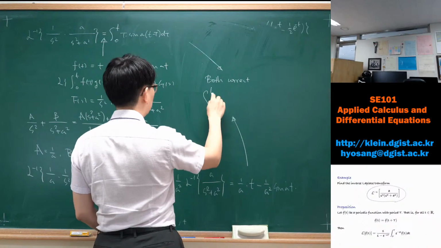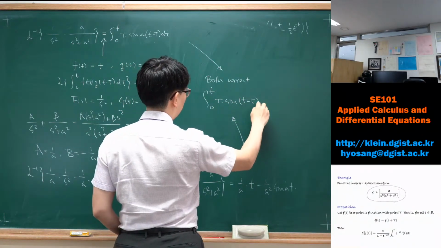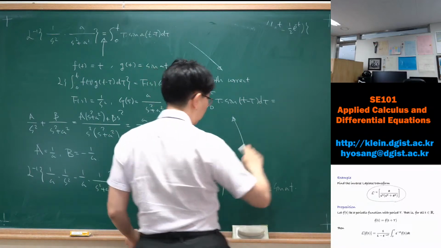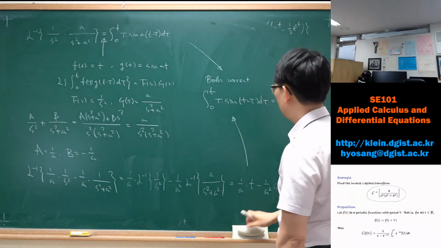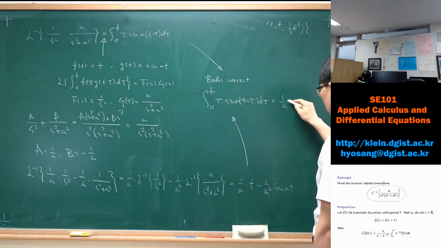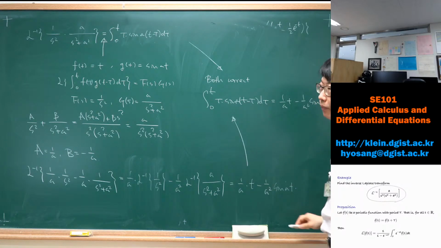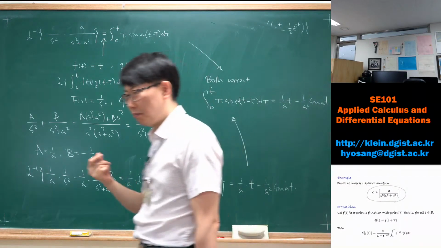So you have the integral from 0 to t of tau sine t minus tau d tau is equal to, where's a? Oh, a is here. It is equal to 1 over a times t minus 1 over a squared sine at. They are the same thing.